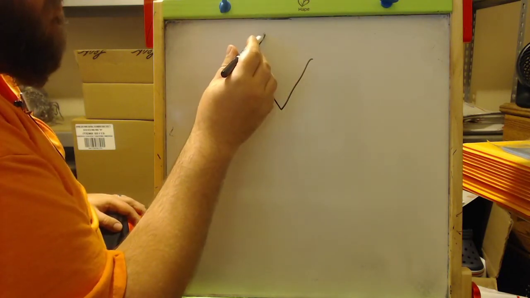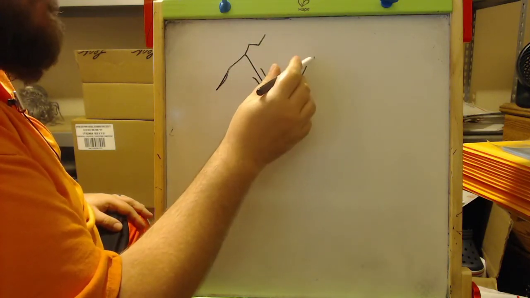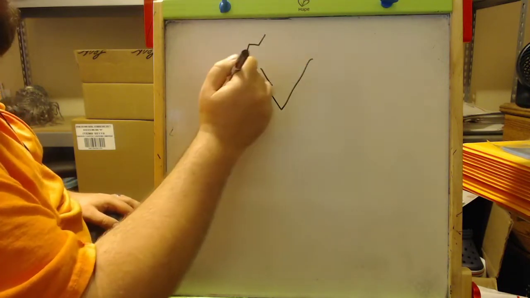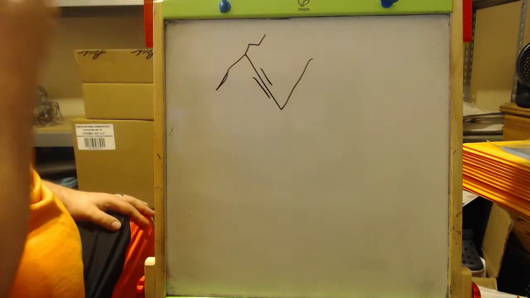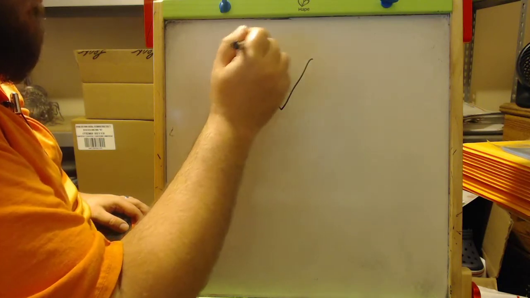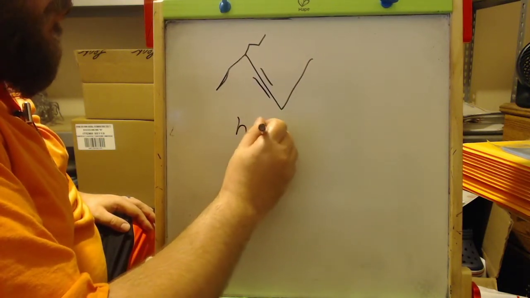So let's try this way. 1, 2, 3, 4, 5, 6. So this was 4, this is 6, and this way was 5, but we can't go that way. We have to include the triple bond. Okay, so we got 6. So we are definitely hex.